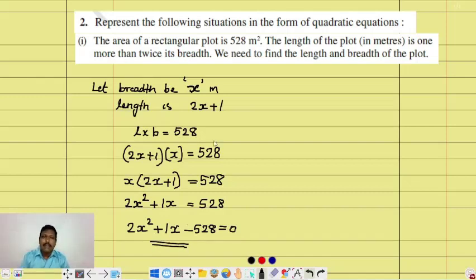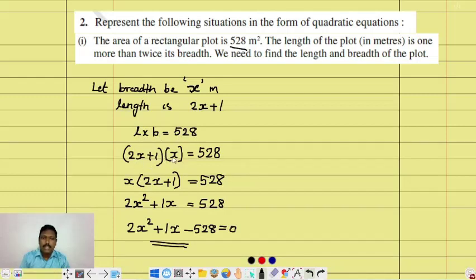The area of a rectangular plot is 528 and its length is 1 more than twice its breadth. See, breadth we can take as x, then the length will be 2x plus 1, 1 more than double of breadth, twice of its breadth. Then area will be L into B. L into B is equal to 528.